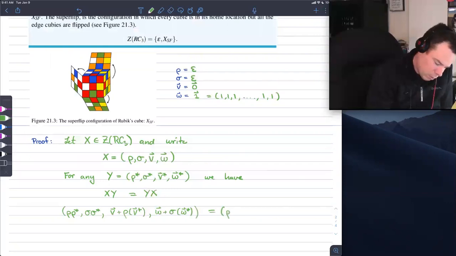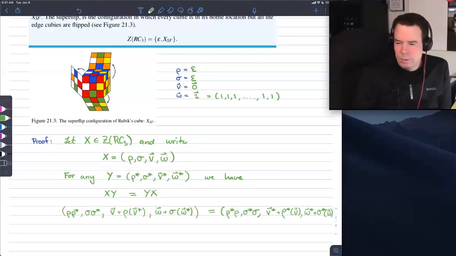So that would be rho star rho, sigma star sigma, V star plus rho star V, and W star plus sigma star W. Whew. Okay. These things have to be equal.